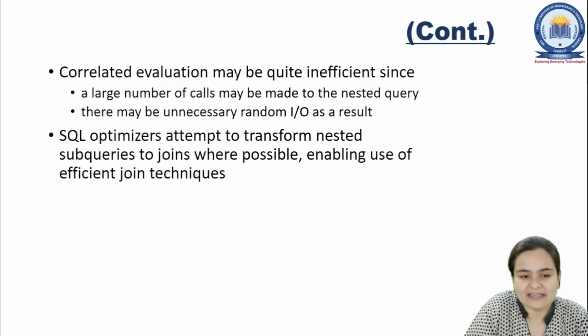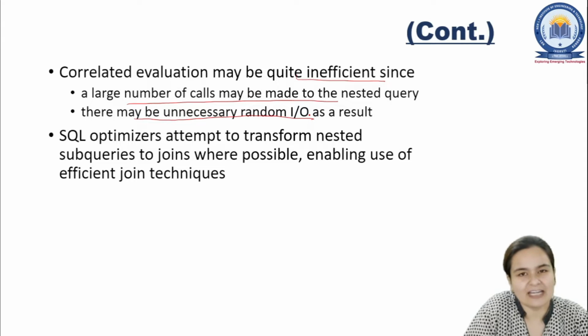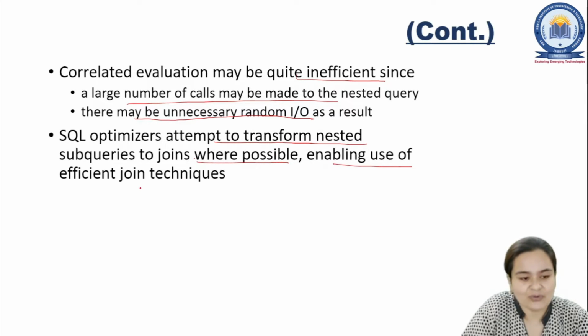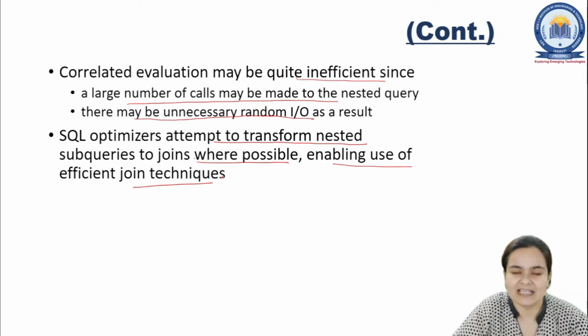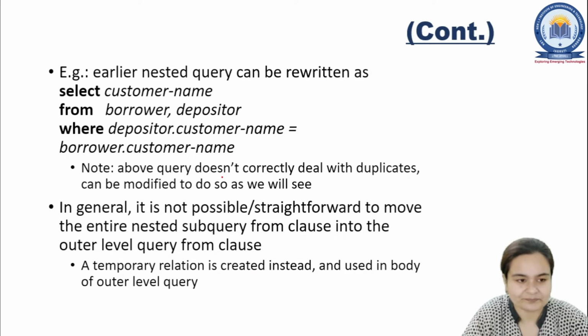Correlated evaluation may be quite inefficient when a large number of calls are made to the nested query, or there may be unnecessarily random input-output. SQL optimizers attempt to transform nested queries to joins where possible, enabling the use of efficient join techniques, as we have discussed previously.